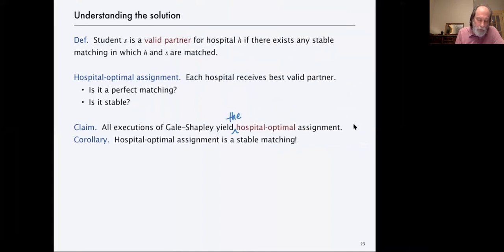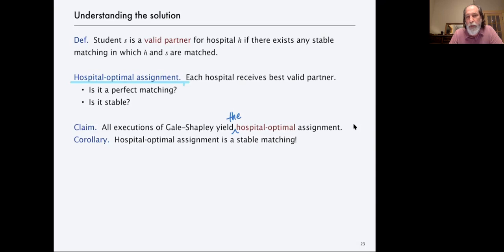Okay, now let's define a thing that we'll call the hospital optimal assignment. We're not going to call it a matching because we don't know if it is until we check. Right. So the hospital optimal assignment you construct as follows. For each hospital, assign to that hospital their best valid partner. That is, their most preferred student that appears matched with them in any stable matching.